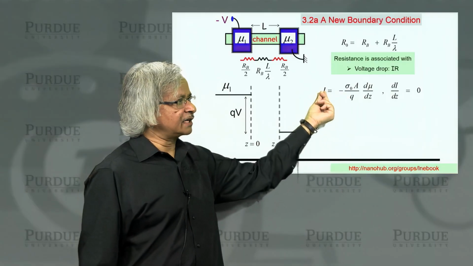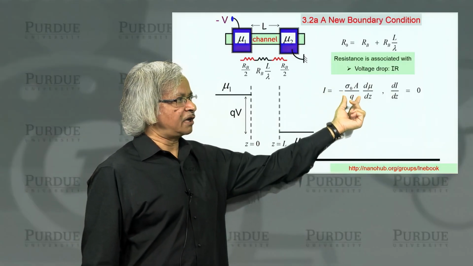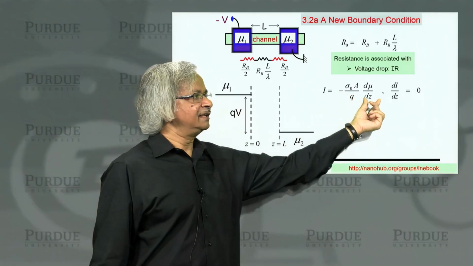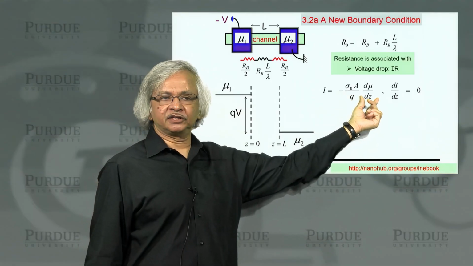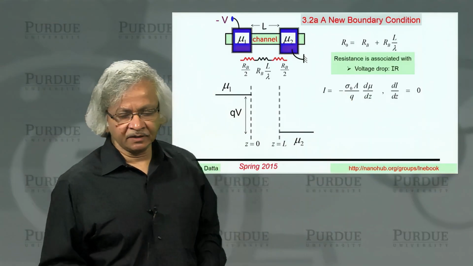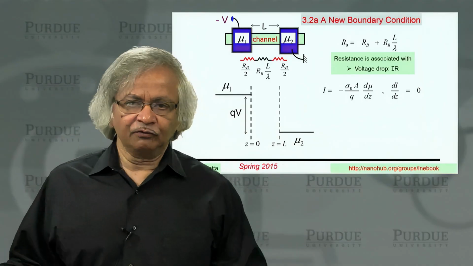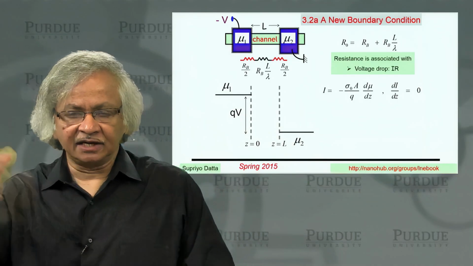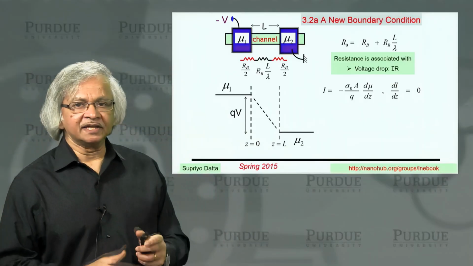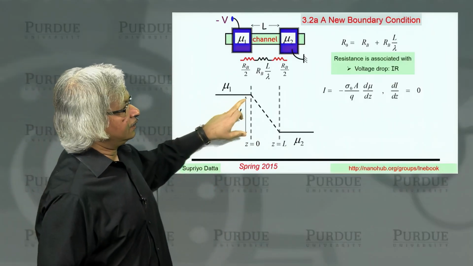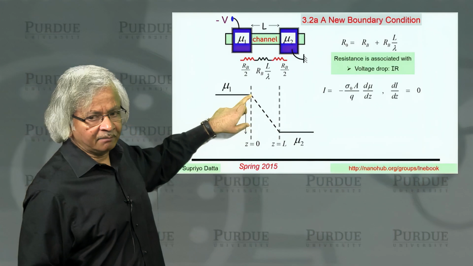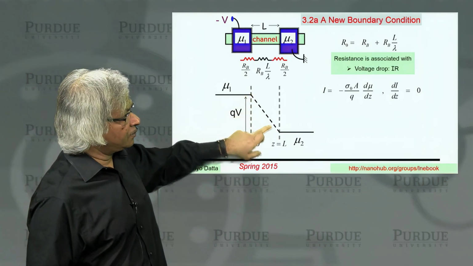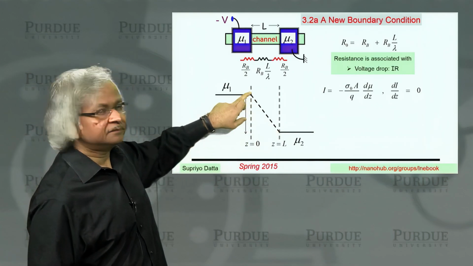And if the current is constant, then as long as what's out front is constant, the slope of the electrochemical potential must also be constant. A curve whose slope is constant is a straight line. So the electrochemical potential must vary like so across the channel.